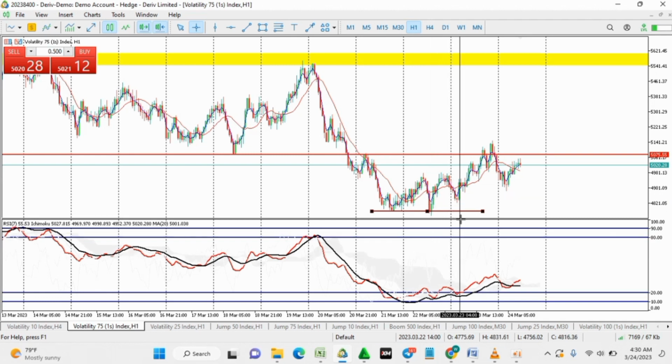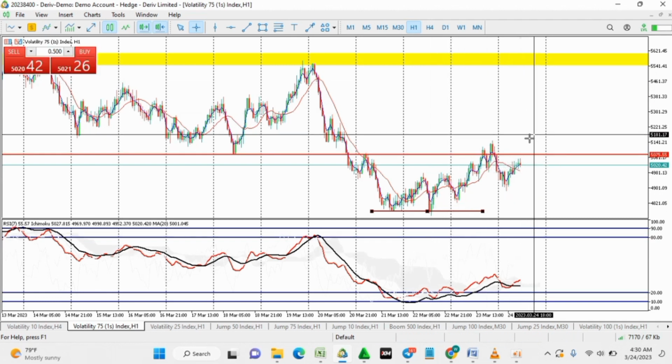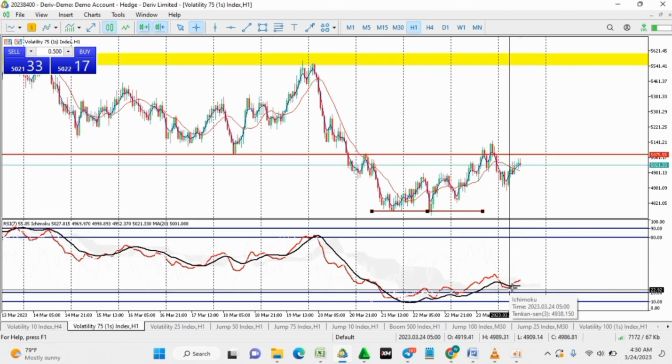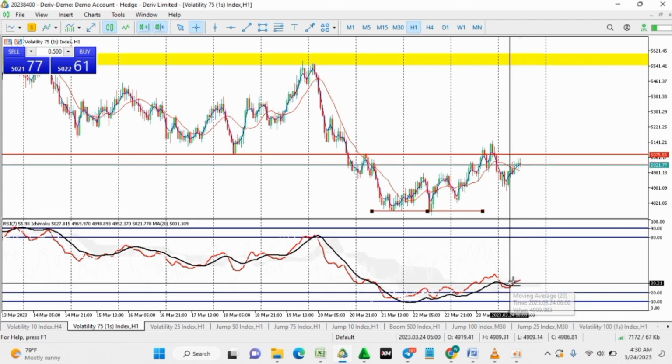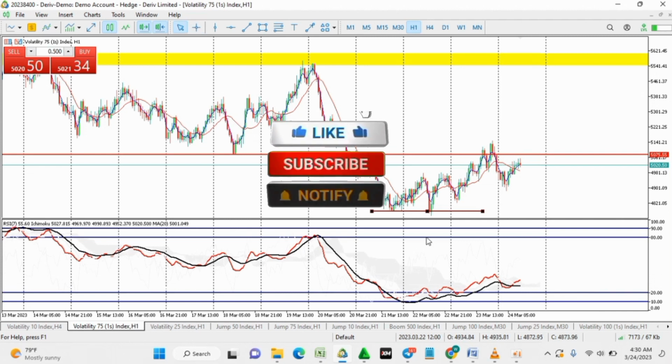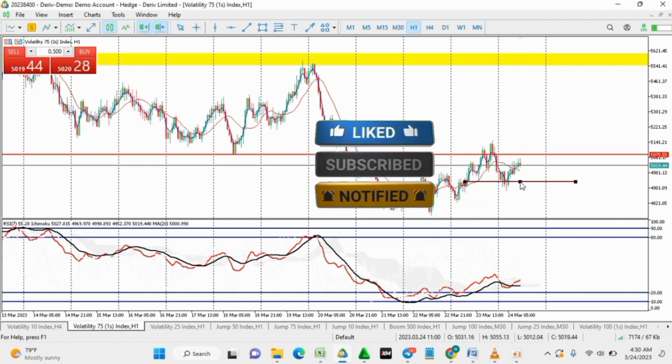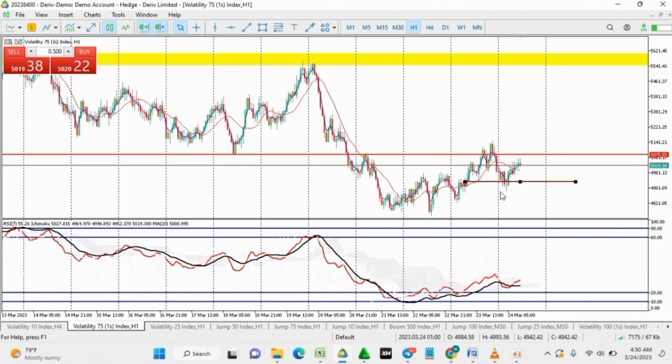You can expect price to go up, and I'm expecting it to reach this level depending on these two, the Ichimoku and the moving average. These lines will be showing me how price is moving. So you should be looking for buys depending on your price action, like the traps, the trend line, liquidity, and each and everything. All right, so let me go to another good example.